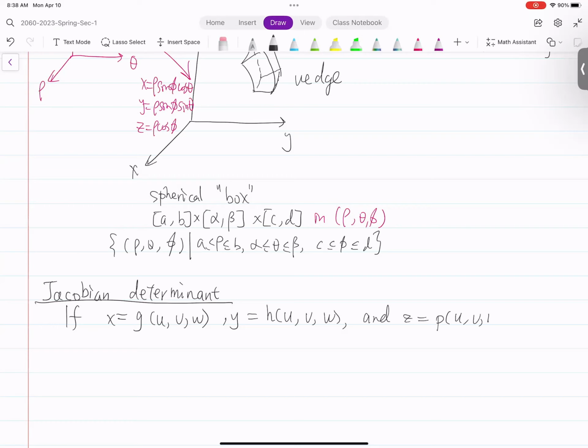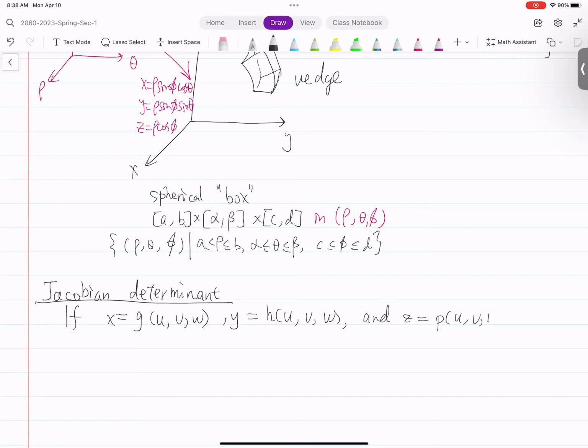Then the Jacobian determinant is the following. We will write J of u, v, w. You see everything is in terms of u, v, and w.